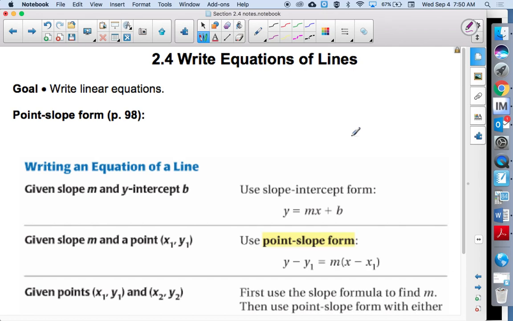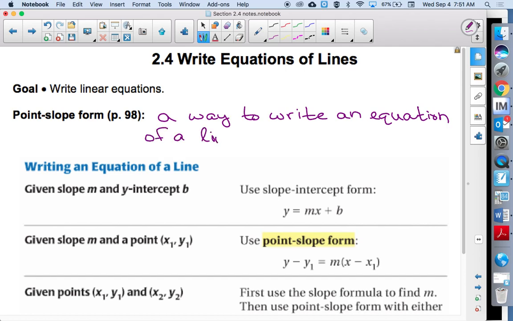So point-slope form is a way to write an equation of a line, and you literally are given a point and the slope, hence point-slope form.